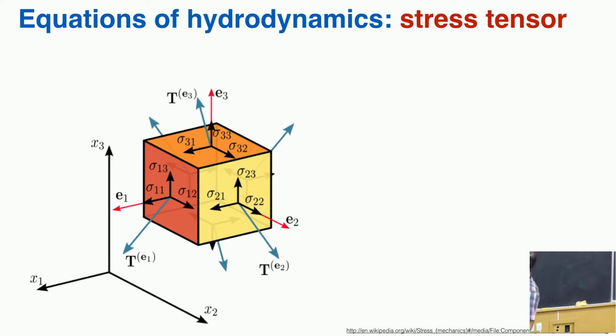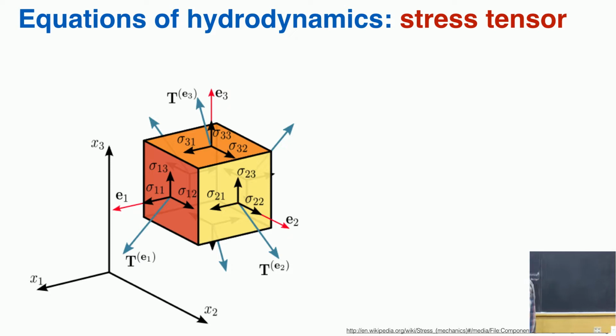The component of the tensor sigma 2,3 characterizes the force transferring momentum in that direction of that area, and you also need to consider a third force, which can be a contraction or expansion force acting on this direction of the yellow face of the fluid element, okay?